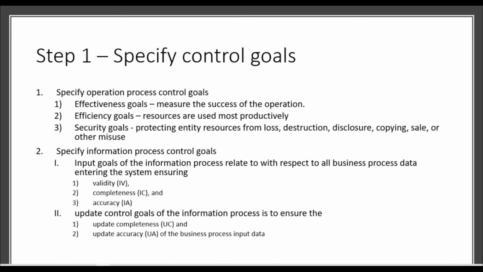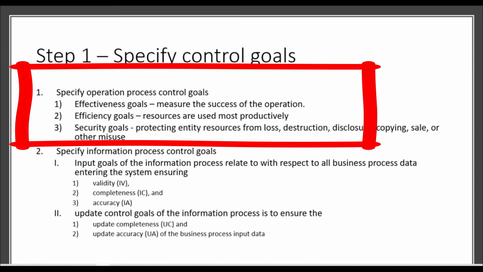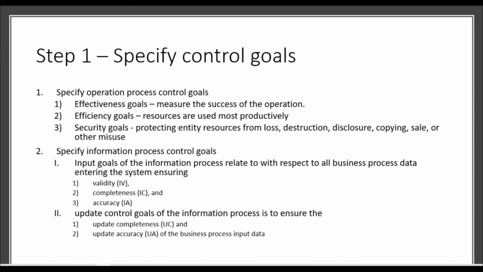Step one is to specify control goals. It should specify operation process control goals in relation to the enterprise becoming effective, efficient, and secure.